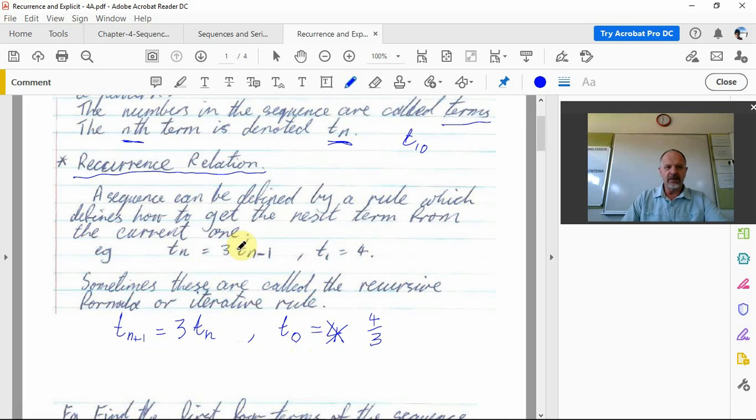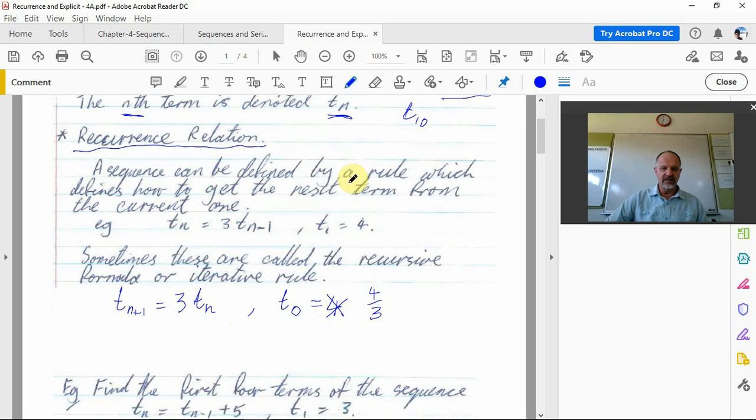So the recurrence relation, how you get from one to the other, is also called a recursive formula or iterative rule. Don't hear so much the iterative rule term anymore, but certainly recurrence is the way that we think about it. So how we get from one term to the next.